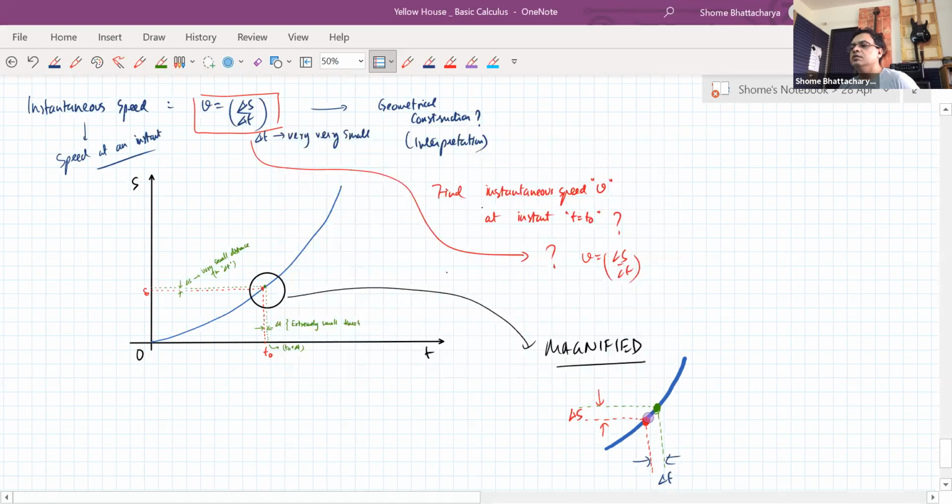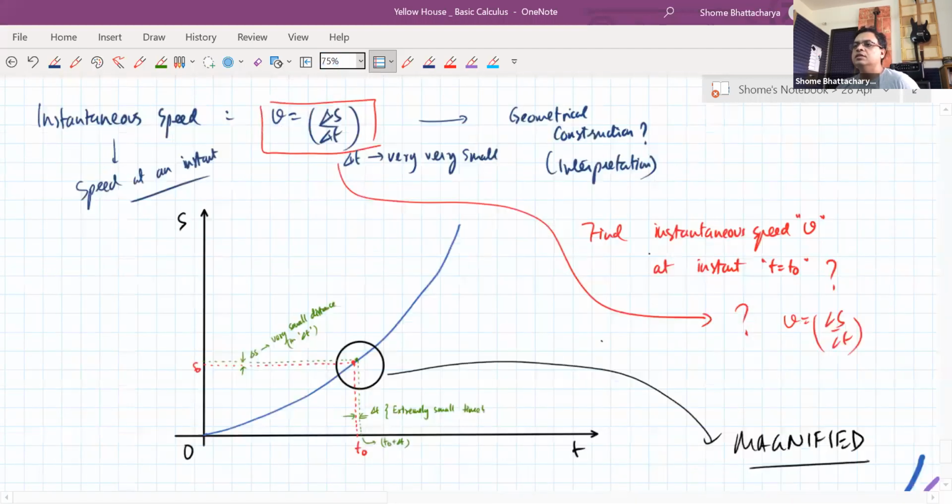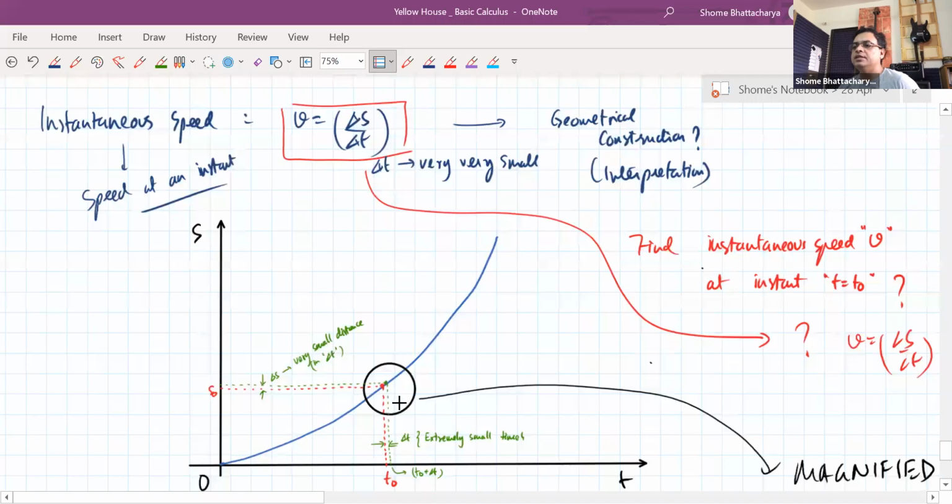Okay. So now if I were to join these 2 points with a straight line and extend that straight line, that would be something like this. So this line is precisely what I would call the tangent line at that point. So coming back to this diagram, I would have to construct a line like this now, which is nothing but my tangent line.